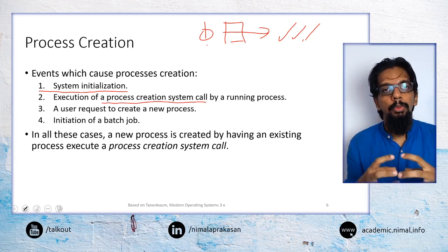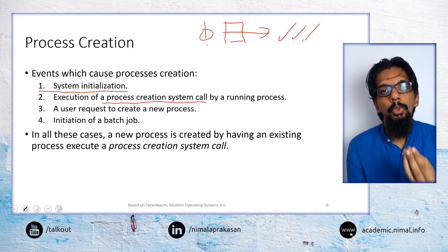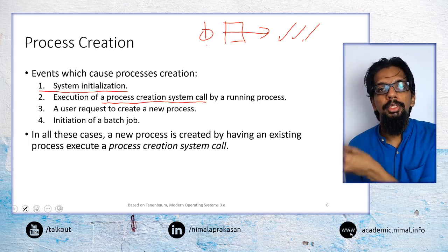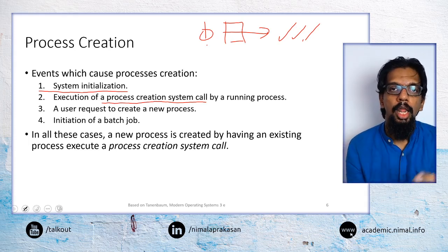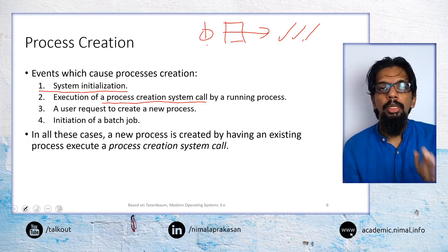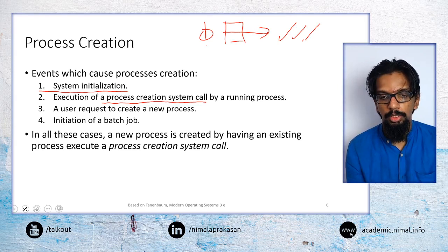The operating system can use this and go into the system and open additional programs. It can open an antivirus software, it can open a media player and so on. Depending on how the system is set up, it will open additional processes like that.